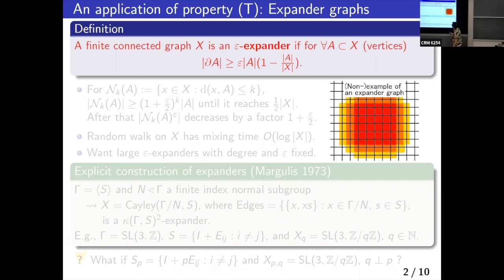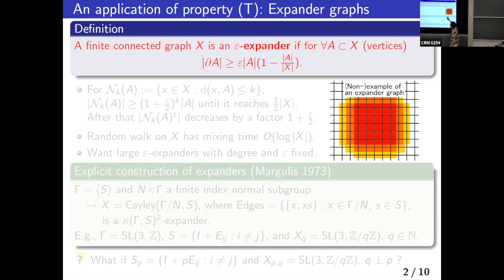It's called an expander if for any subset A, the boundary is at least proportional to the size of A. Of course, if A is empty or X itself, then there's no boundary at all, so there's a term which corrects the size of A.